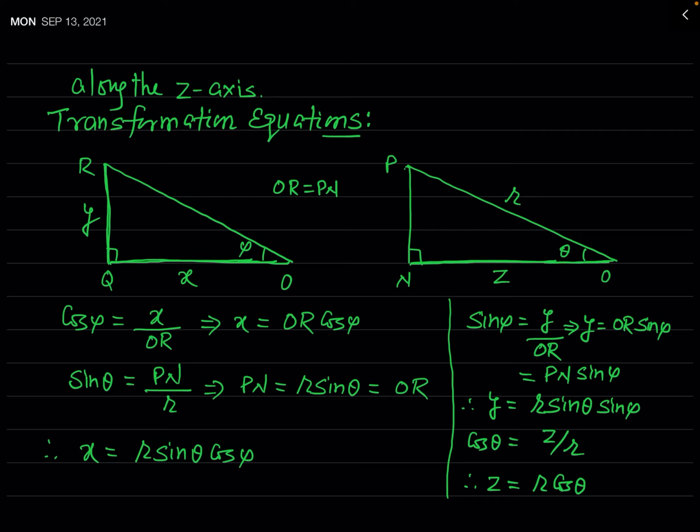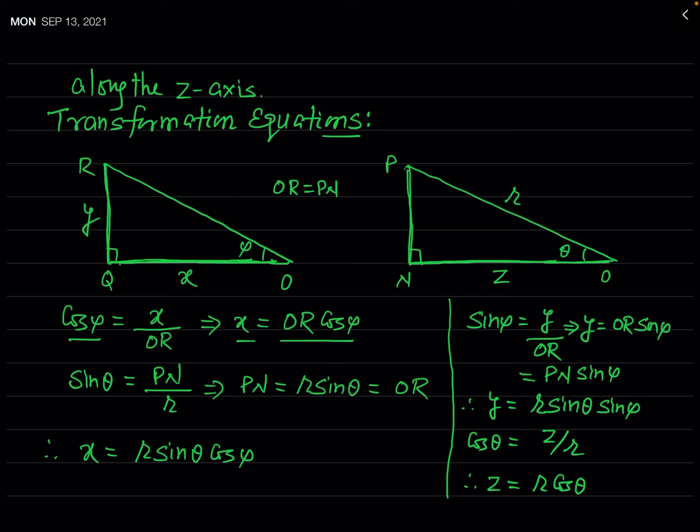Now you can see from the geometry of the figure that cos phi will be equal to x divided by OR, and so x will be equal to OR cos phi. And again you can see this triangle ONP, which is a right angle triangle, and from this figure you can see that sin theta will be equal to Pn divided by r.